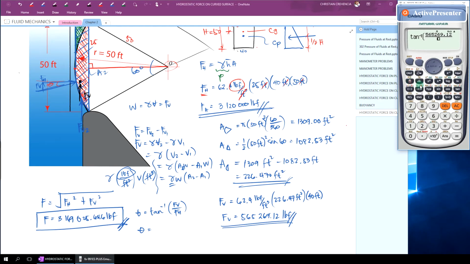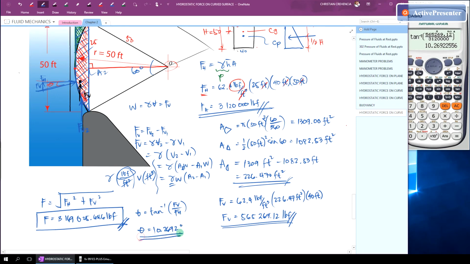Okay, then divided by 3120. Okay, so makuha natin is 10.2692 degrees. Okay, so that is from the horizontal.